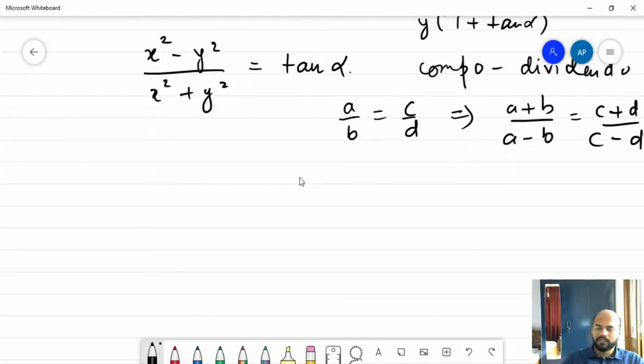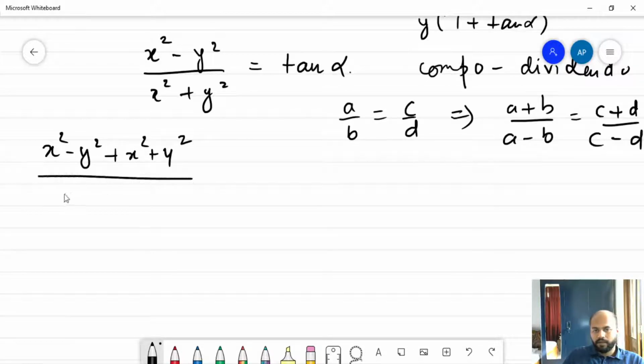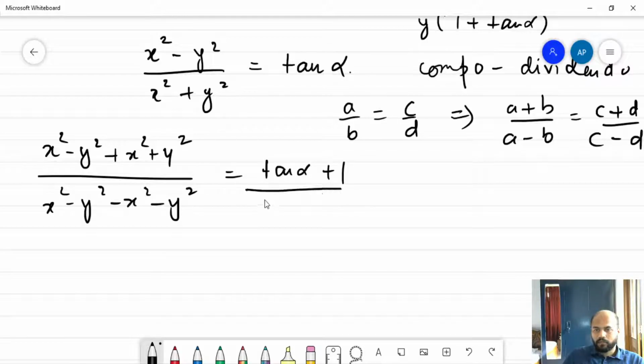Now, if I apply this to this particular function, then what I'll get is x square minus y square plus x square plus y square divided by x square minus y square minus x square minus y square is equal to tan alpha plus 1 by tan alpha minus 1. Because what is there over here? It's 1 finally.